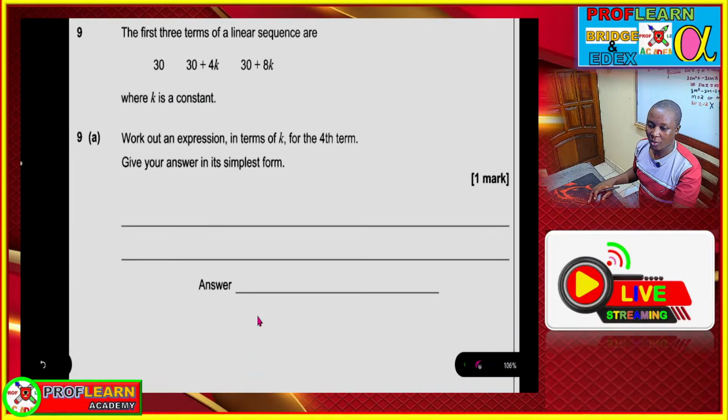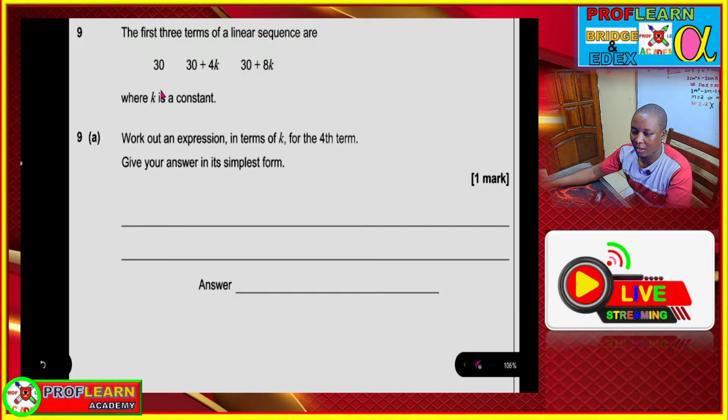Moving to question number 9, we're told the first 3 terms of a linear sequence are this. So from this term to move to this term, what has been added? Plus 4k. So 4k is the common difference. So work out the expression in terms of k for the 4th term.